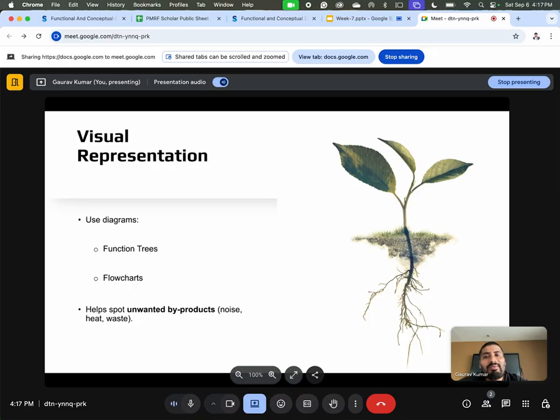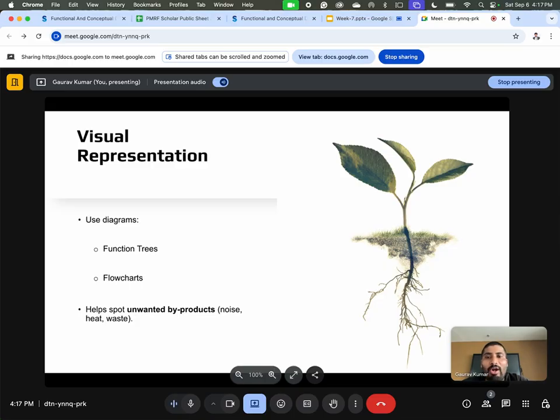One of the strengths of visual representation is that it allows us to spot inefficiencies and unintended effects early. For example, a function tree might reveal that a process produces unwanted heat, noise or waste. So once visualized, these byproducts can be addressed more effectively.